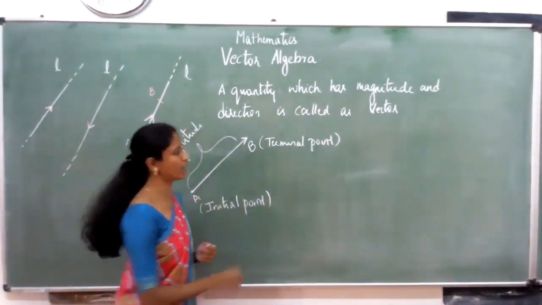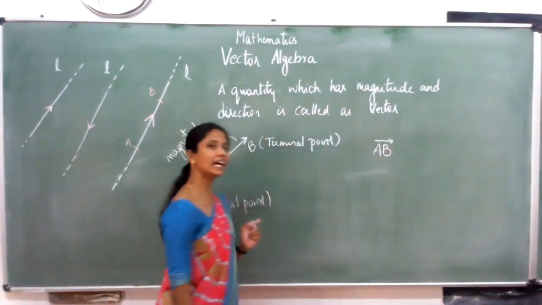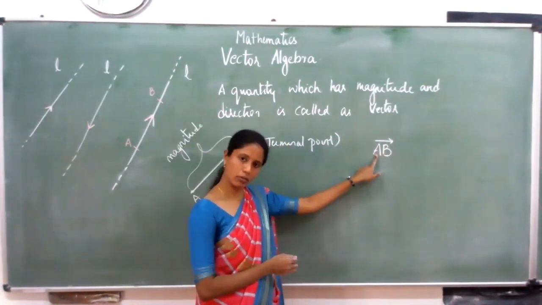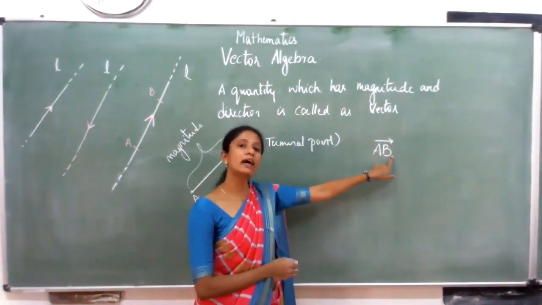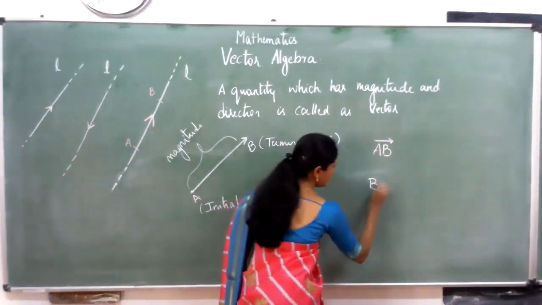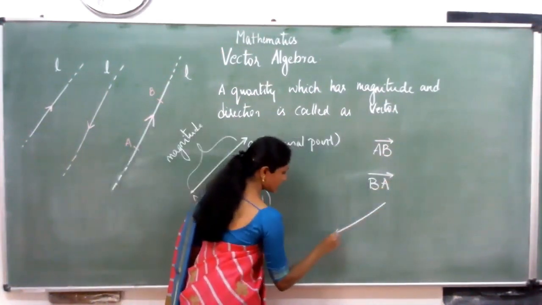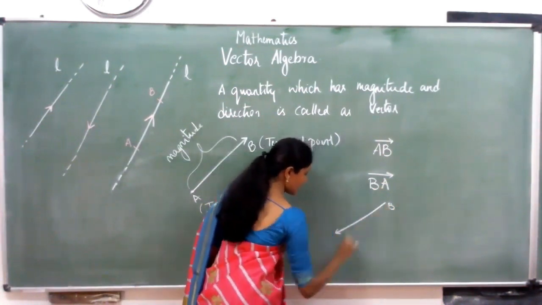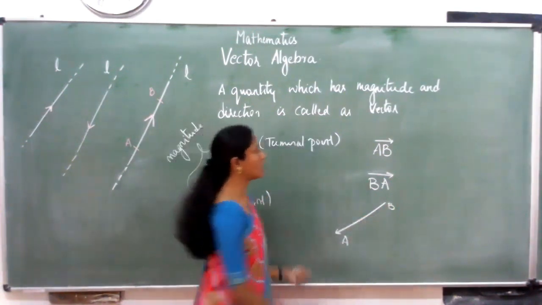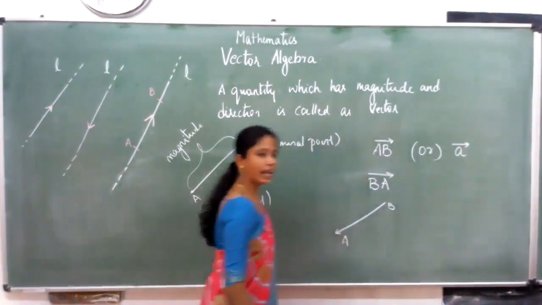How to represent this vector? A vector will be represented in this form: vector AB. When I write vector AB, it says that the initial point is A and the terminal point is B, and it is directed from A to B. If I write vector BA, then it is a vector whose initial point is B and the terminal point is A, and it is directed from B to A. Or we even represent it as vector a, a small letter.